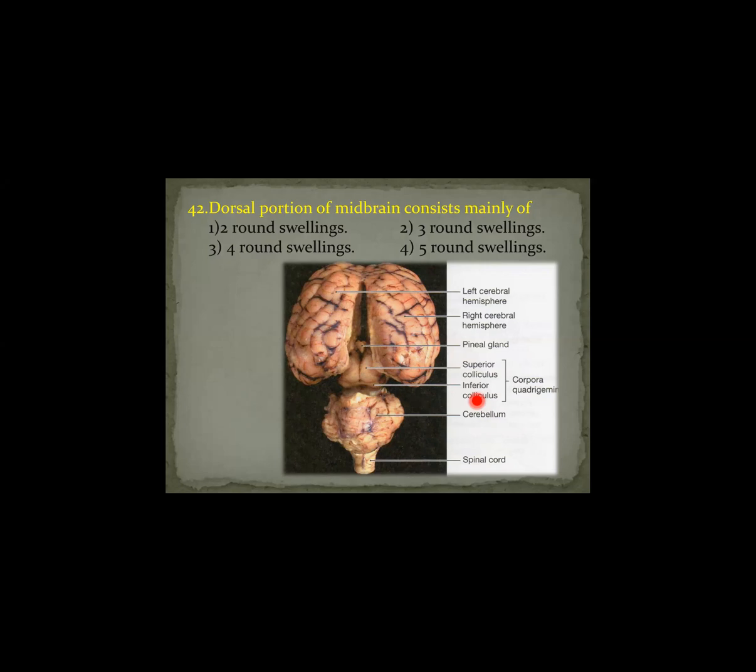These two superior colliculi and two inferior colliculi, four together, are called corpora quadrigemina. So the dorsal portion of the midbrain consists of four round swellings called corpora quadrigemina. The ventral portion consists of the nerve fibers or nerve bundles called crura cerebri or cerebral peduncles.